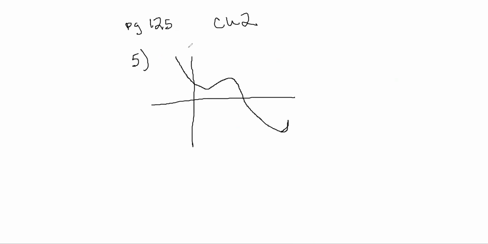And we're given points on this function. All right, so the question is, at which of the labeled points is the derivative going to be positive, negative, and 0?